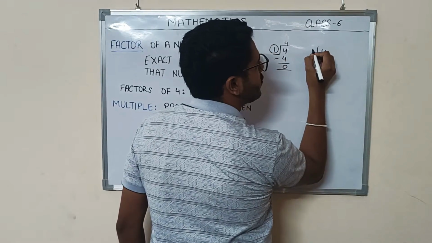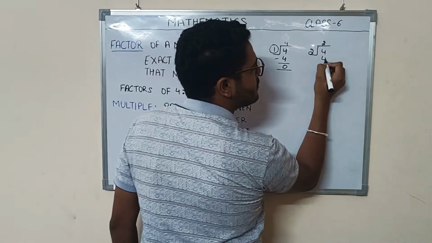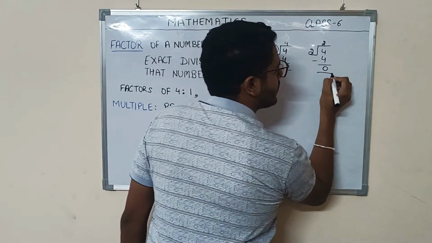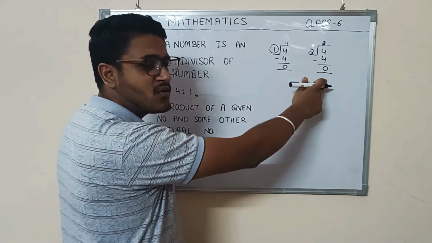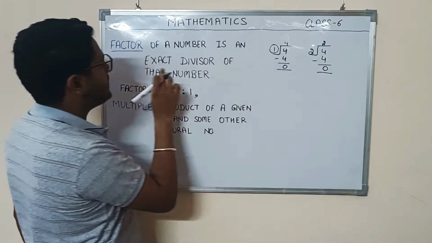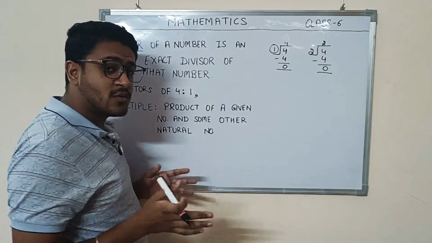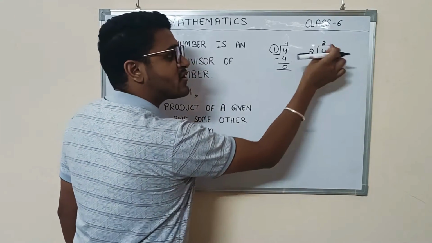Let's try to divide 4 by 2. 2 2s are 4. Now again the remainder is 0. If the remainder is 0, that means 2 is an exact divisor, and if this is an exact divisor, it also means that 2 is a factor of 4.